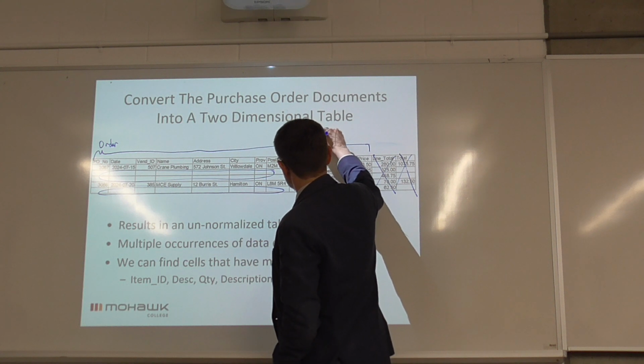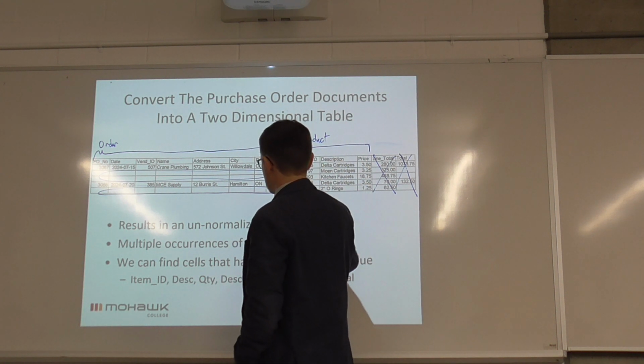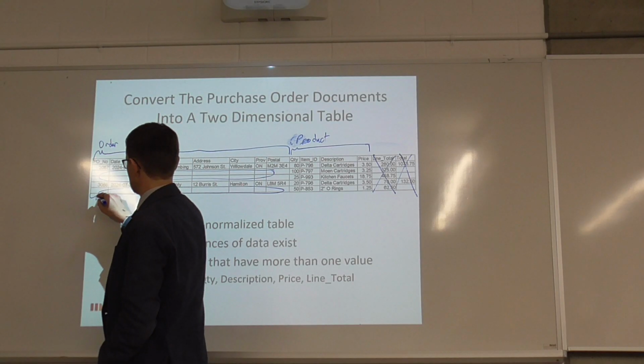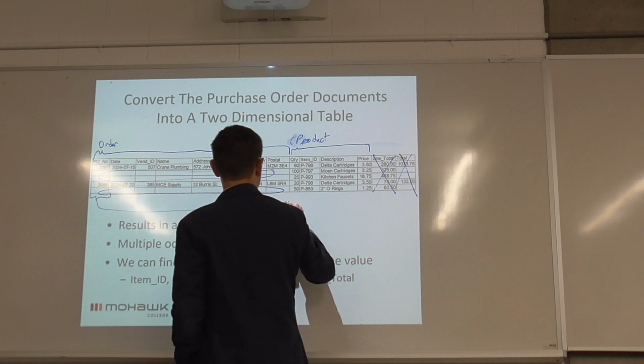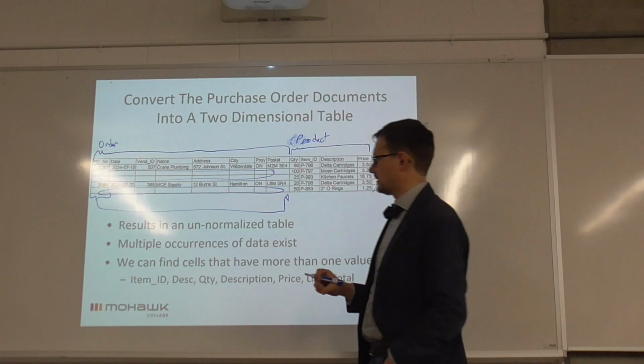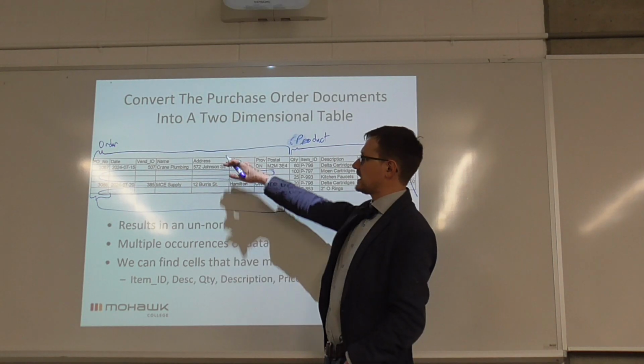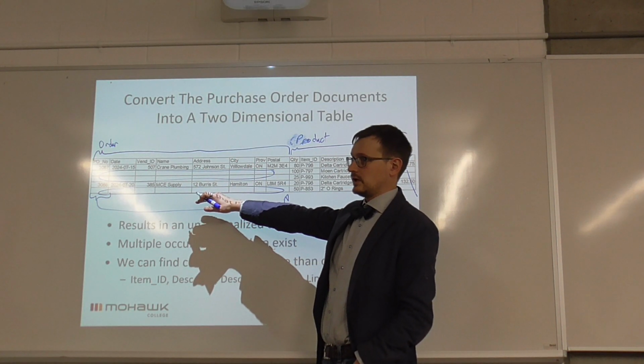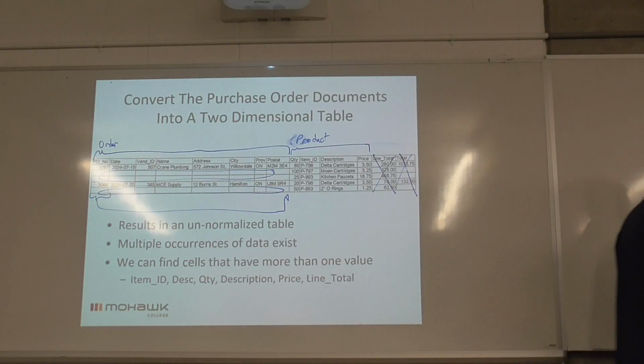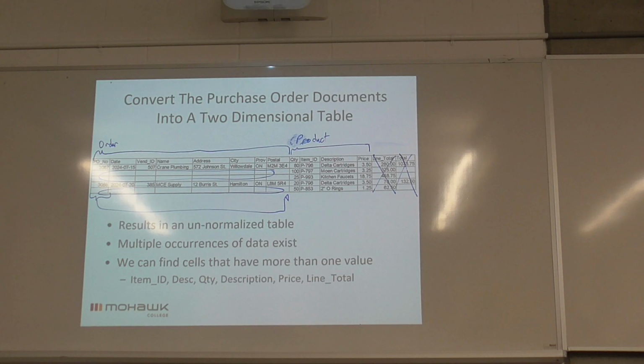Product. Product also requires a copy of the purchase order ID. Make sense? So far so good? We end up with an order table with only 2 lines, right?